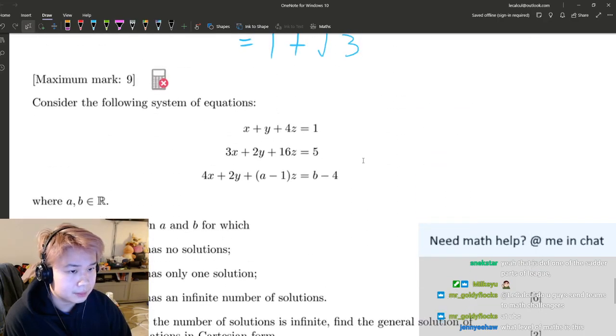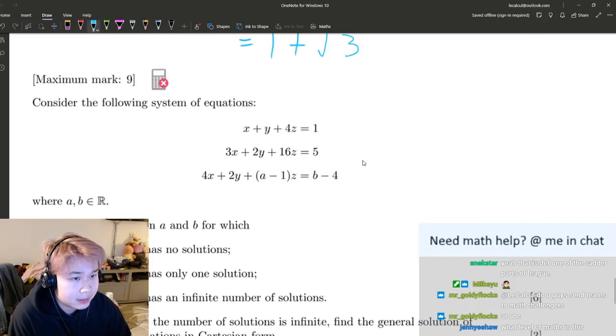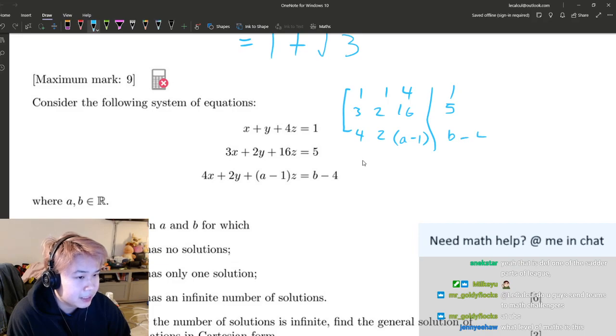Let's see, where's the best place for me to write this? Right here. So I have 1, 1, 4, 1, and then I have 3, 2, 16, and 5, and then I have 4, 2, A minus 1, and B minus 4.